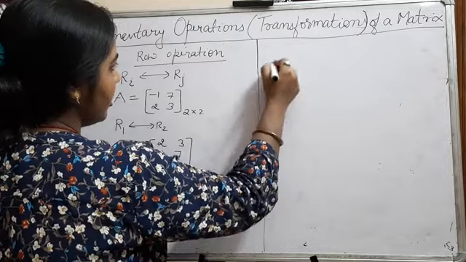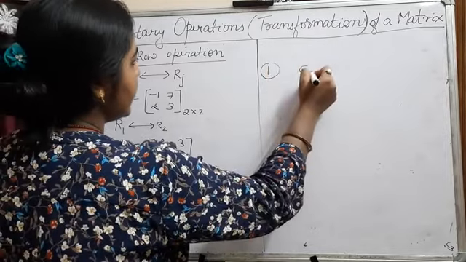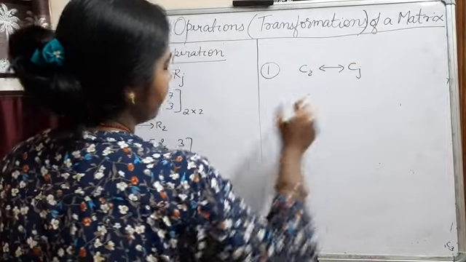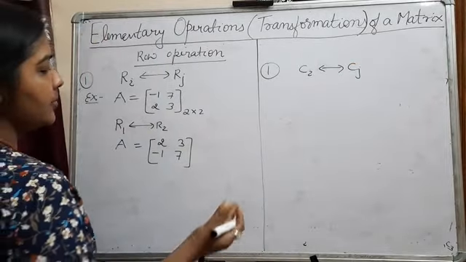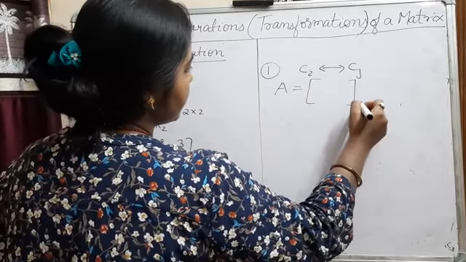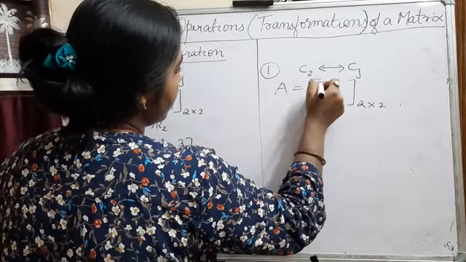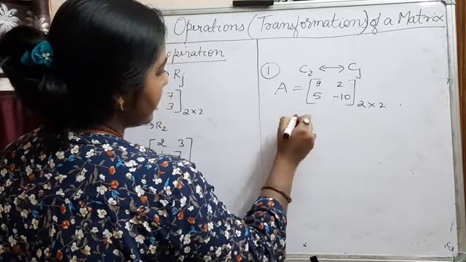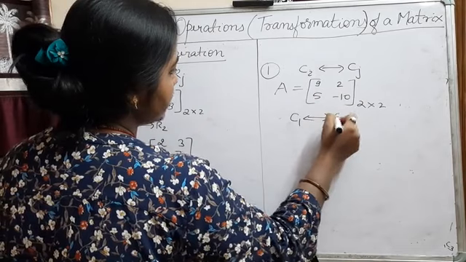Similarly, the first column operation is Ci interchanging Cj. We can interchange any two columns. Again I am taking one more example, again of 2 by 2: 9, 2, 5, minus 10. I am taking C1 interchanging C2.